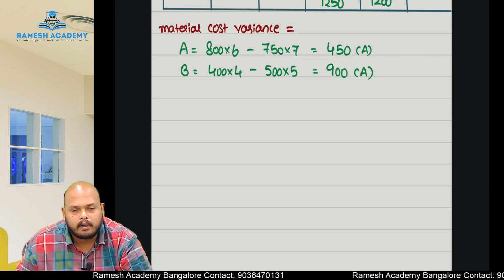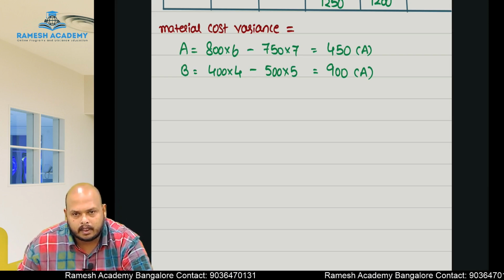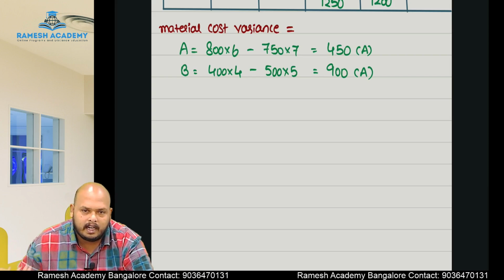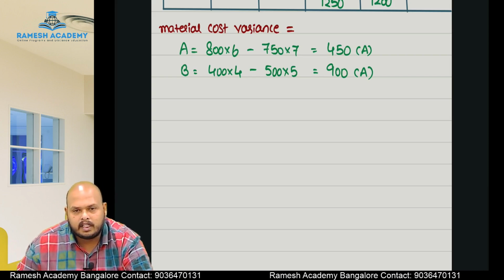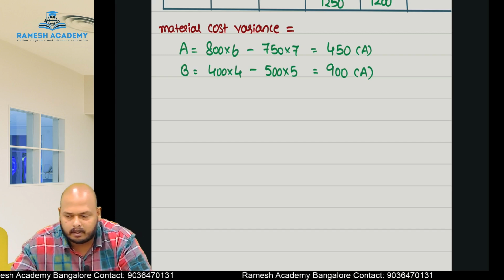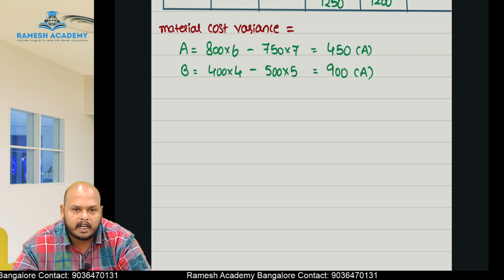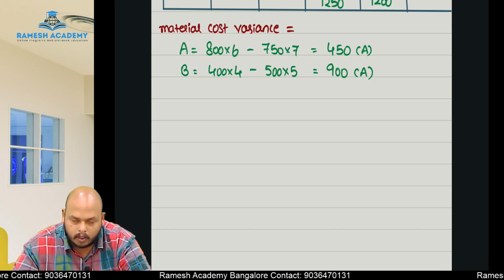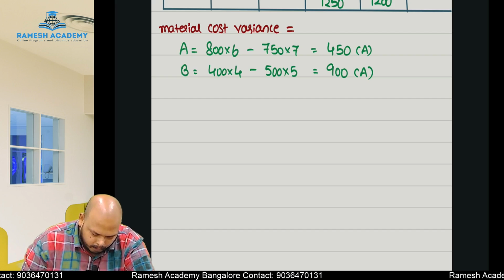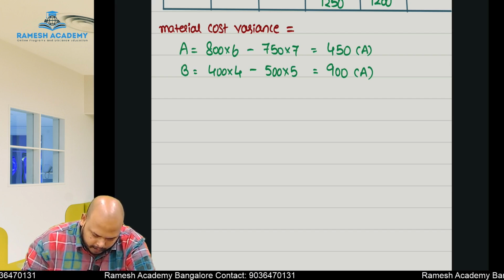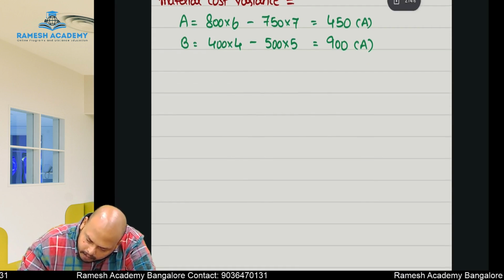Negative is nothing but adverse. Raw material A is adverse, we spent more than our expectation. B also we spent more than our expectation. So what is the total variance? Minus 900 minus 450, that is nothing but 1350 adverse.